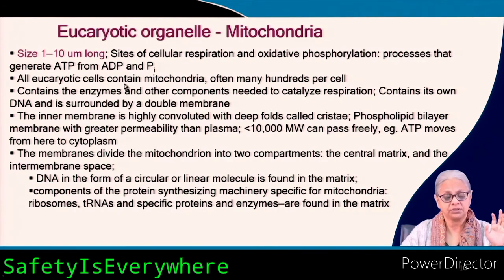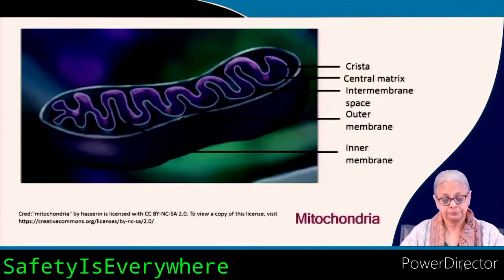All eukaryotic cells contain mitochondria, and they may be having hundreds of mitochondria. This mitochondria includes enzymes and other proteins needed to catalyze respiration. So proteins, when I say proteins, I mean enzymes that are needed to catalyze respiration. It contains its own DNA and it is surrounded by a double membrane.